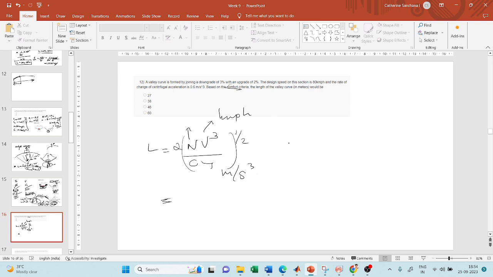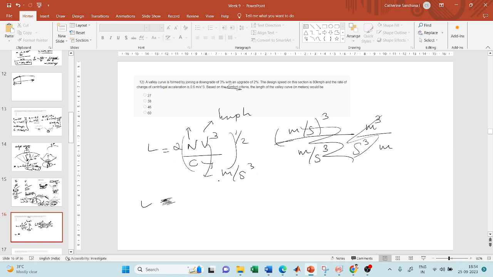Just a second, let me check if the units are tallied. Yes, the units are tallied, so you have to substitute V in meters per second.